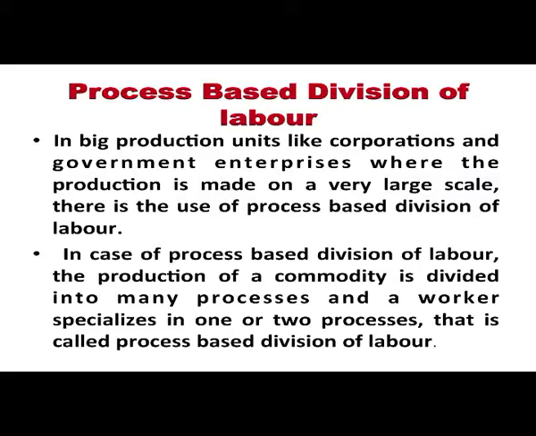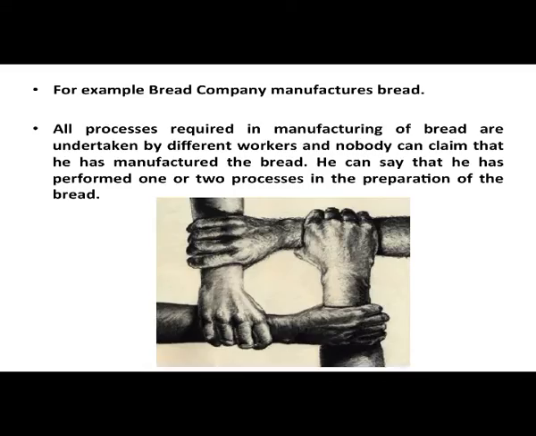In the case of process based division of labor, the production of a commodity is divided into many processes and a worker specializes in only one or two processes, and that is why it is called process based division of labor. For example, a bread company manufactures bread.